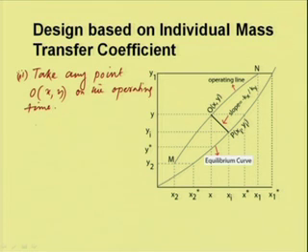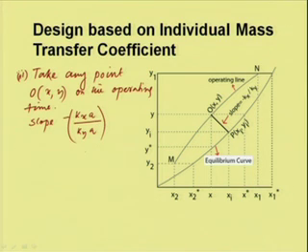Now, we know the slope is minus k x a by k y a.